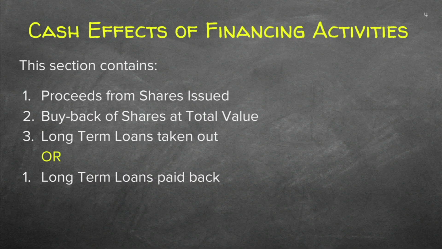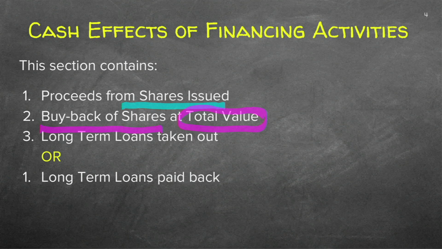The first one is the proceeds from shares issued. So what does proceeds mean? Proceeds simply means the money I get for, in this case, selling shares. The second item that we are going to put into this section is the buying back of shares, and here I want you to remember that it is at total value.